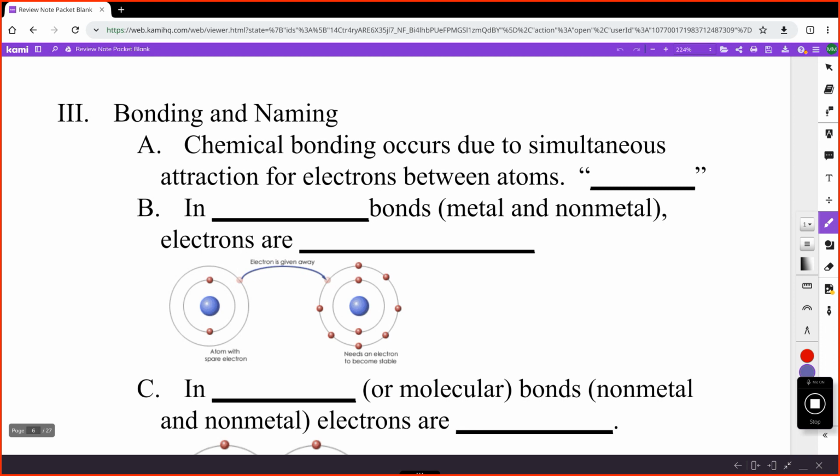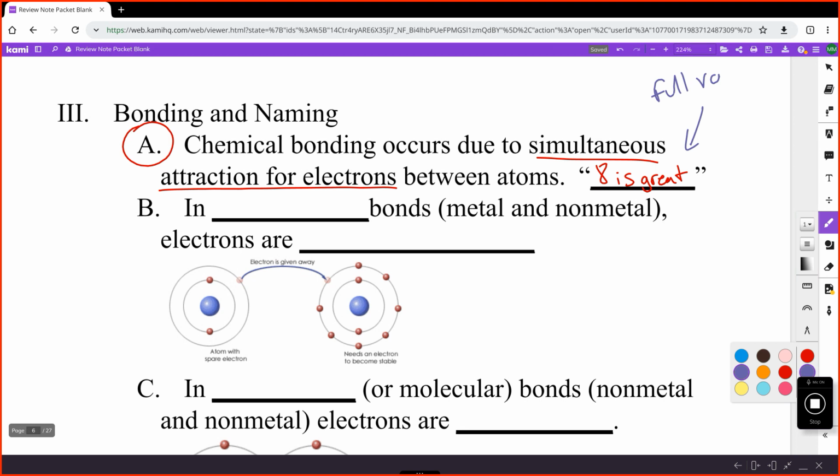First off, if we're going to talk bonding, we have to talk about why things bond. The reason things bond is because there is an attraction of electrons between two atoms. To explain that a little further, we use this saying that 8 is great, because the goal of every atom is to have a full valence shell.